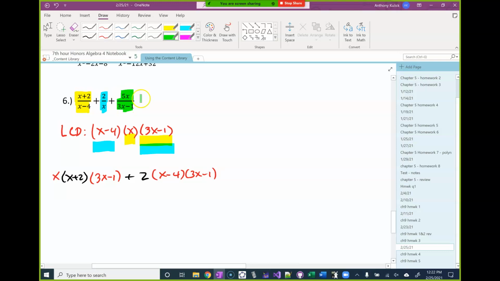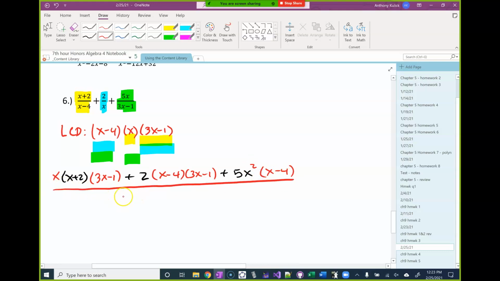And I look at the third fraction, and I'm missing the x minus 4 and the x. And then all of that stuff is over my least common denominator.